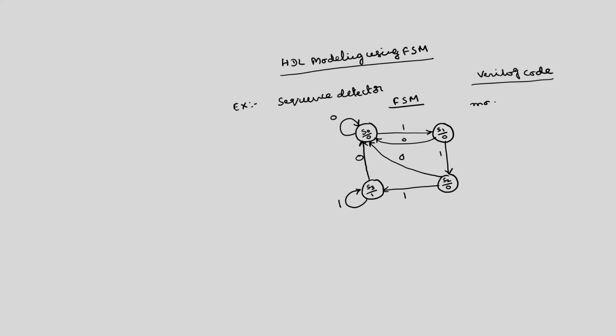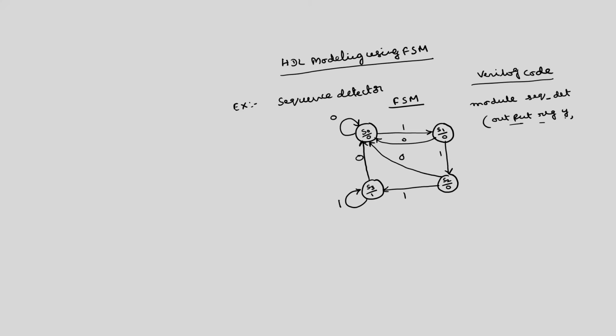Module sequence detector, output, and also register we will call as Y. I will write all inside this one also. This is another way to represent input output. Instead of writing this input and output again separately, I will write it here itself.